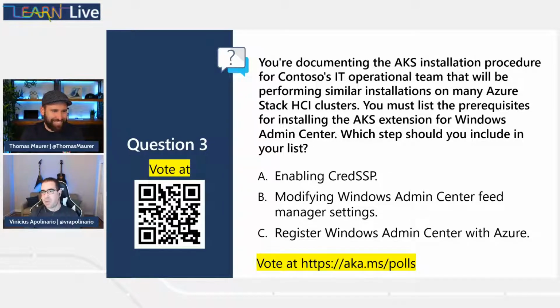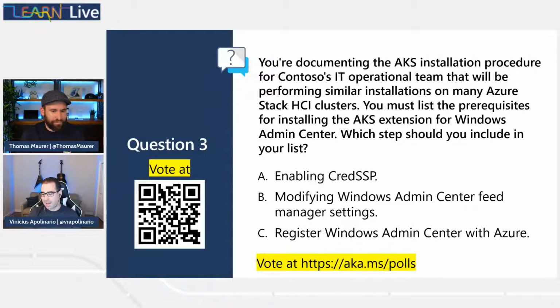From what Thomas mentioned, I think you know what the answer is, but you know that this question is also outdated, right? The first one is enabling CredSSP, which Thomas mentioned is for a different day. Then modify Windows Admin Center feed manager settings, and register Windows Admin Center with Azure.